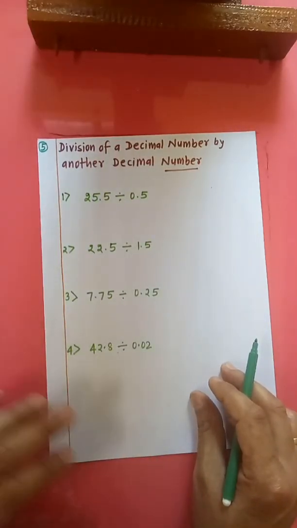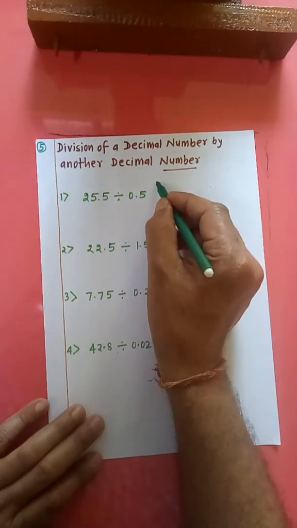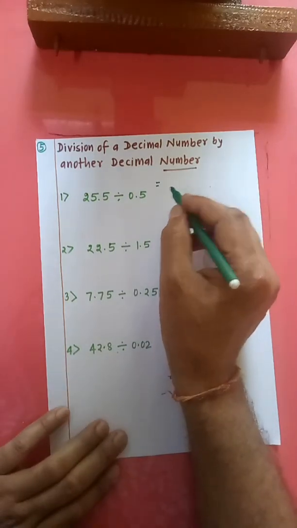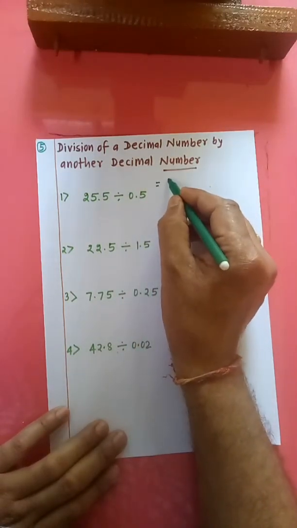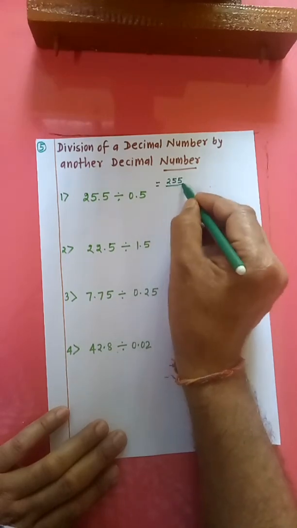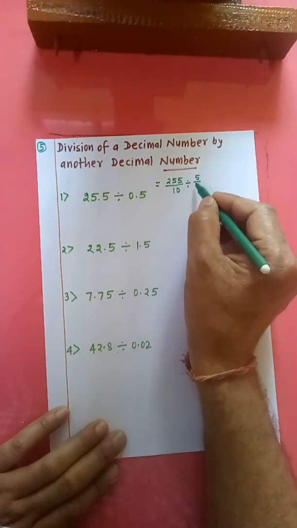Now division of a decimal number by another decimal number. For this we will first remove the decimal point and we will get 255 upon 10 divided by 5 upon 10.